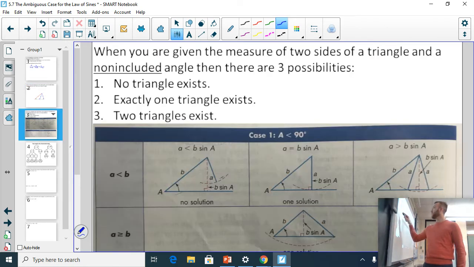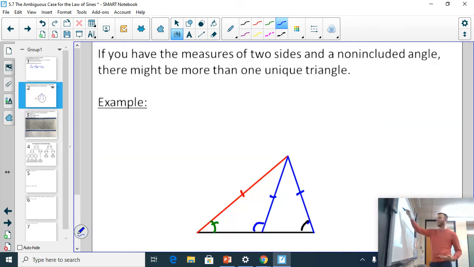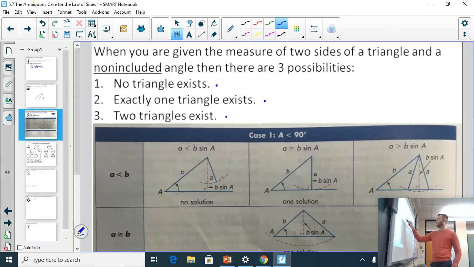And so what this is going to lead to is that when we're given two sides of a triangle and a non-included angle, there's actually three possibilities. One is that no triangle exists at all. The other is exactly one triangle exists, kind of like what we've been working with. But then there's the possibility of what we just saw, that there are two possible triangles.